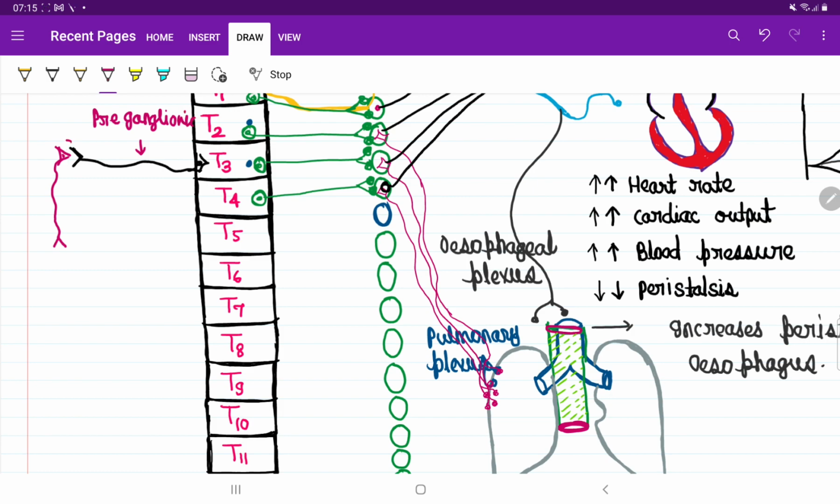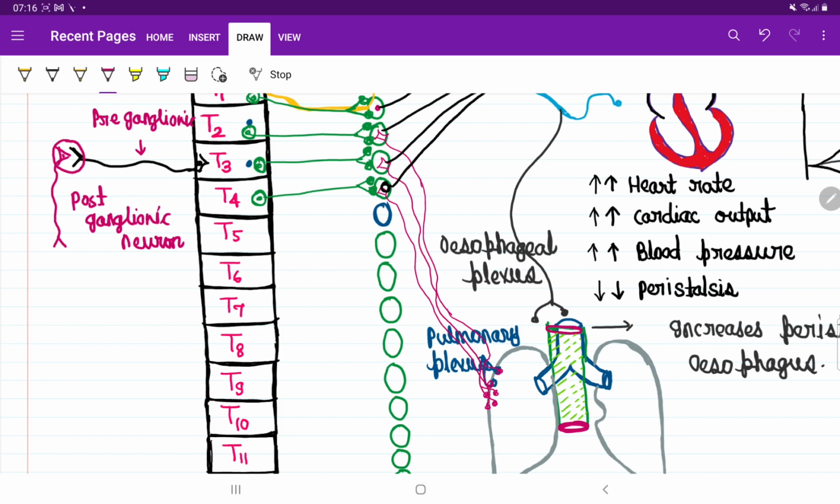They form a synapse with the postganglionic neuron near the spinal cord.